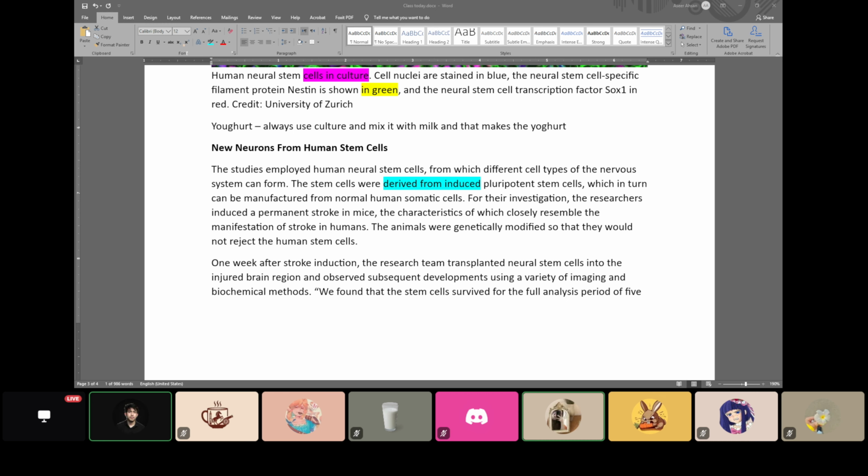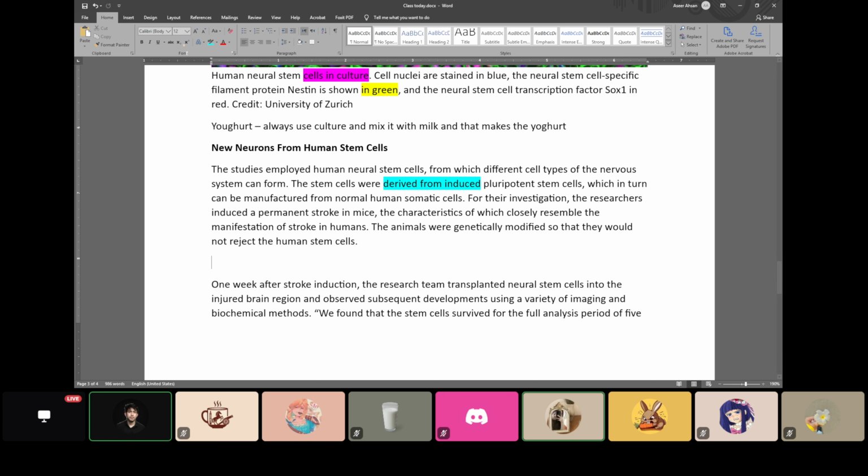For the investigation, the researchers induced a permanent stroke in mice. The manifestation closely resembled the manifestation of stroke in humans. The animals were genetically modified so that they would not reject the human stem cells.